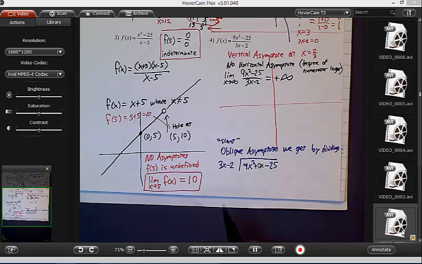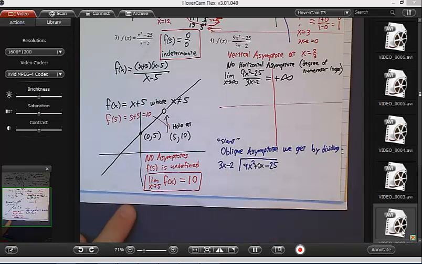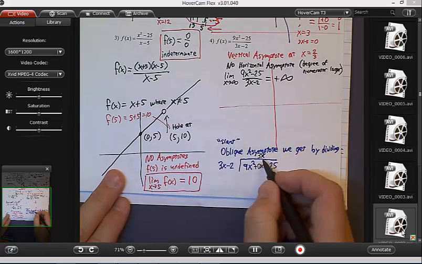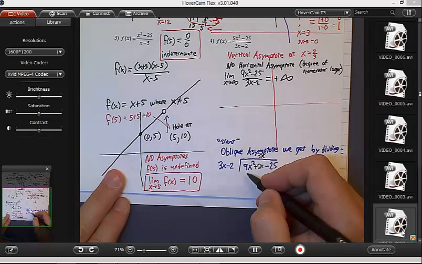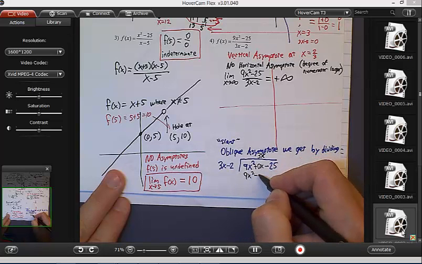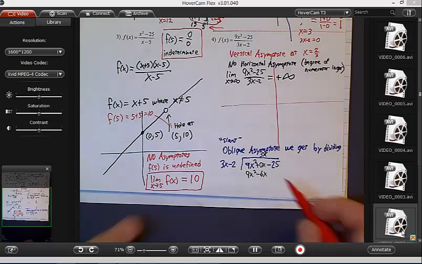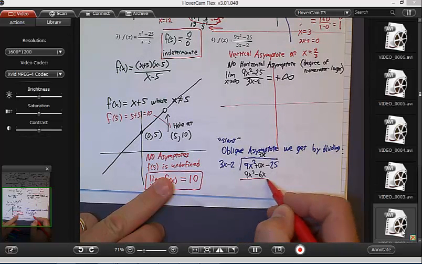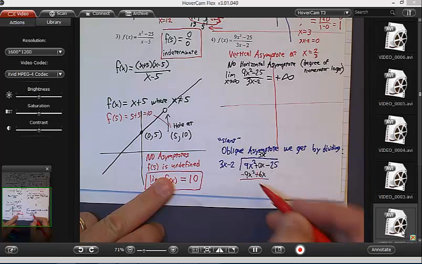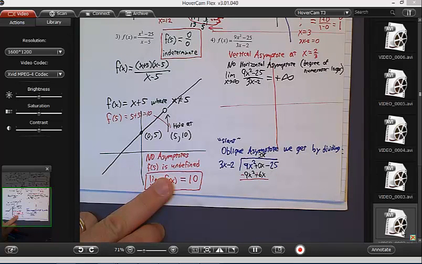And I'll say, okay, what times 3x would give me 9x squared? 3x. And then I do 3x times the 3x minus 2, and I get 9x squared minus 6x. Okay? And now, when I draw my line, I change my signs because I'd rather add than subtract. So I'll just change the signs, then I can add.